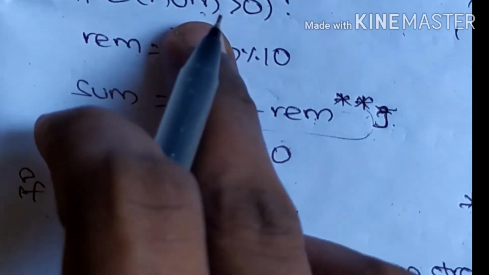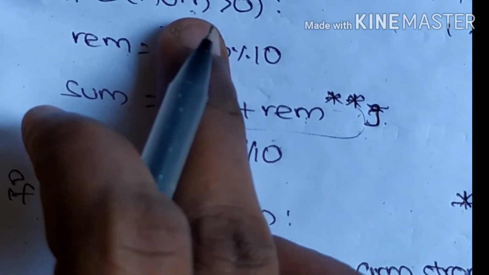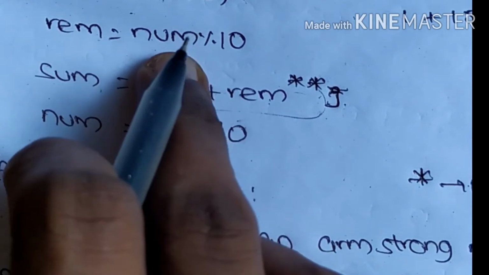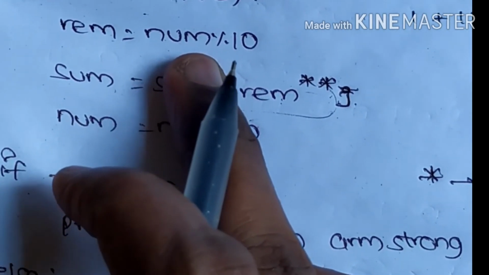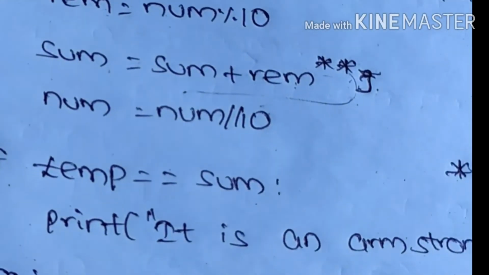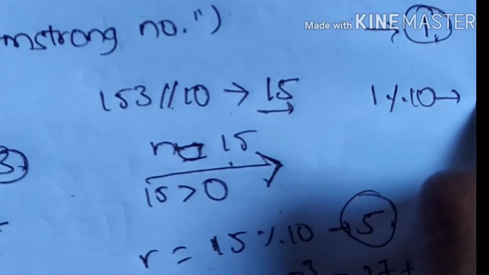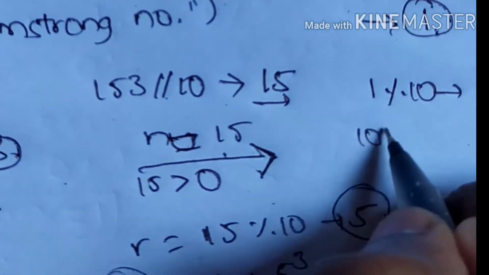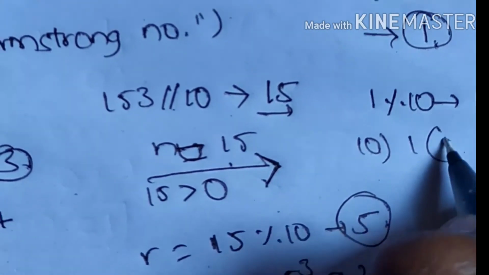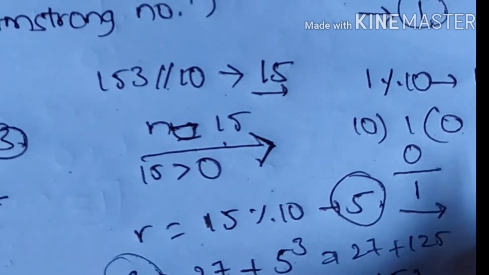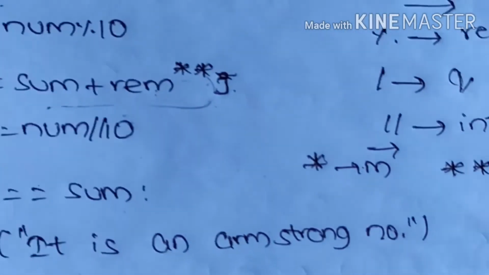As it checks this condition, the condition will be true, 1 greater than 0, it enters this loop, that is remainder equal to num divided by 10. When we divide 1 with 10, we get remainder as 1 only, because 10 divides 1, 10 zeros 0, we will get remainder as 1. So the remainder will be 1.